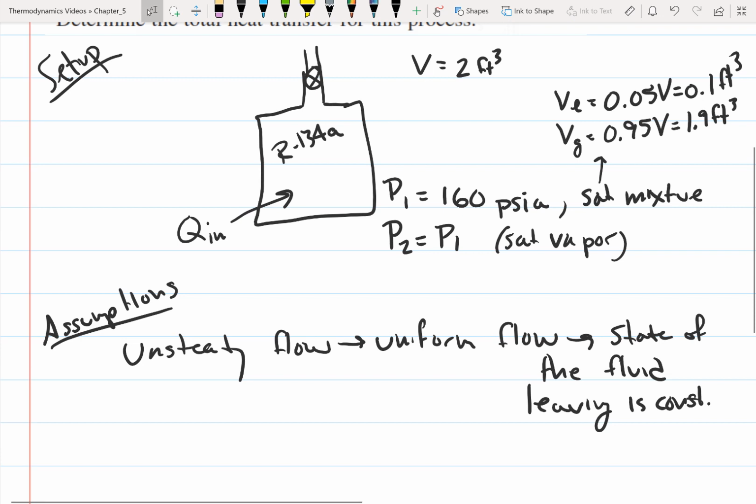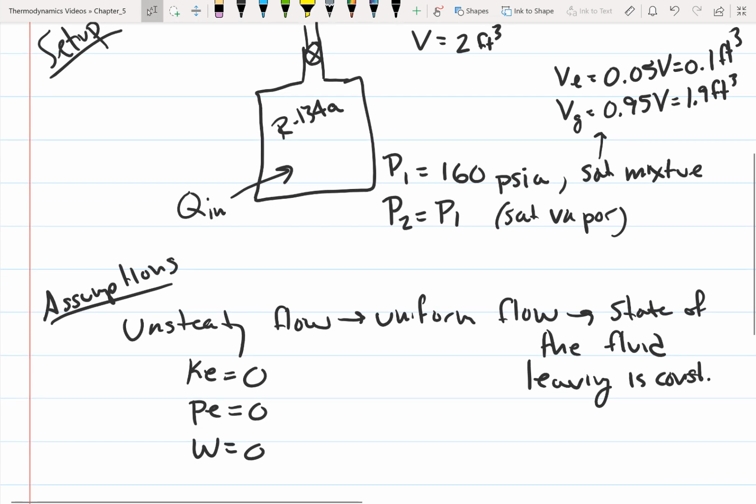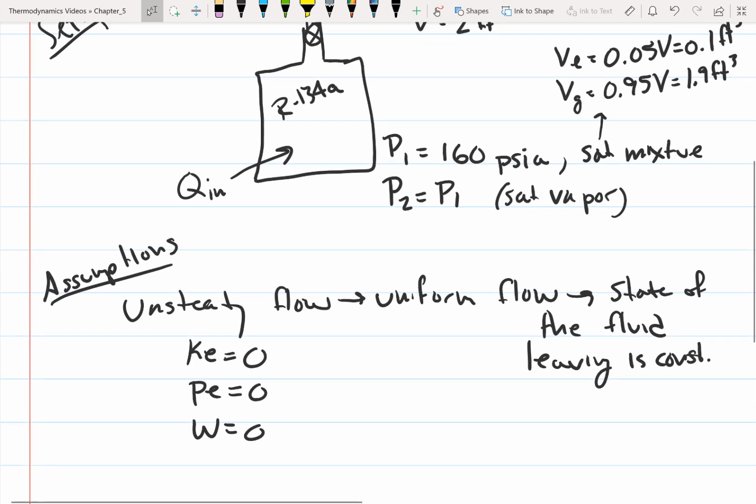We're also going to assume that the change in kinetic energy is 0, the change in potential energy is 0, and that there's no work. So there's some heat in, but there's no indication that there's any work in this process.